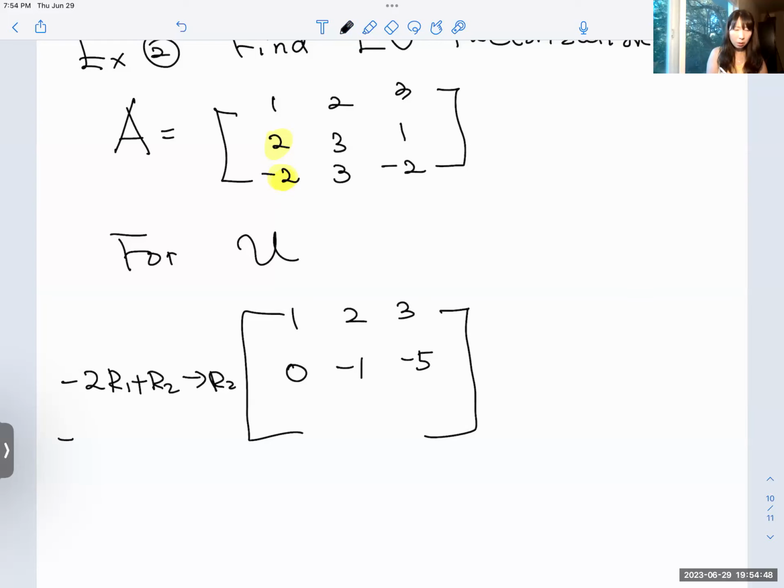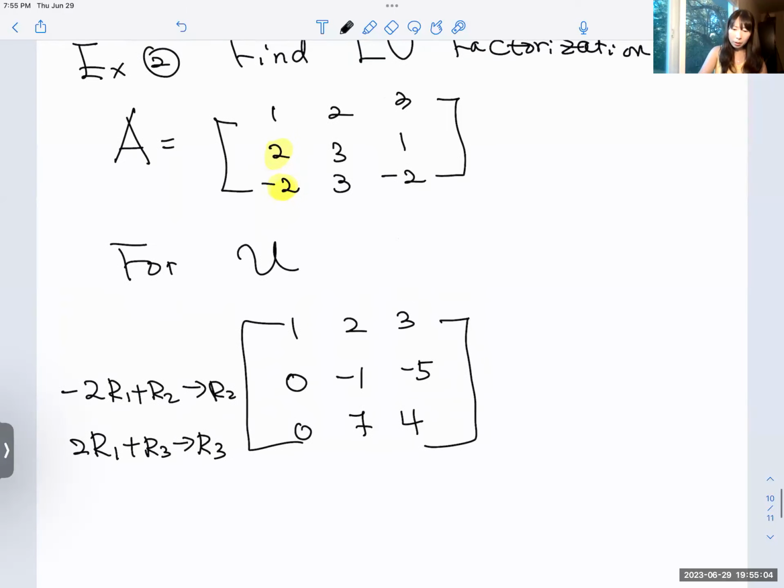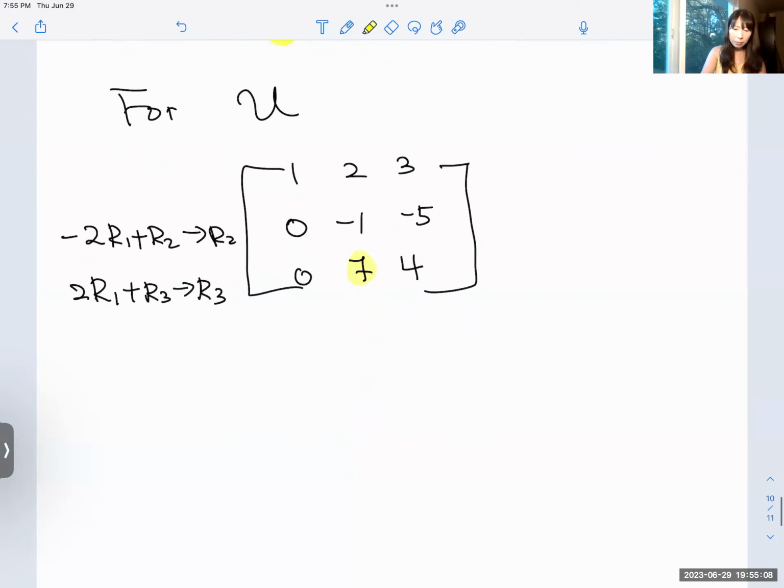So positive 2 row 1 plus row 3 to make row 3. We get 0, 7, 4. Done, right? We are making 0 there, and then we are done. Equivalent.